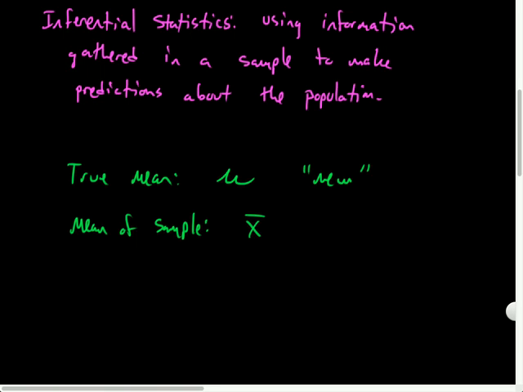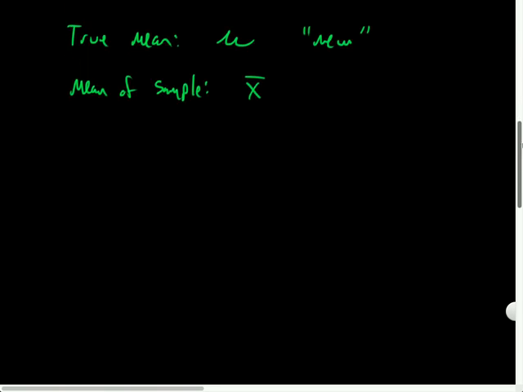So where this is going to come into effect is what's referred to as the standard error of the mean.